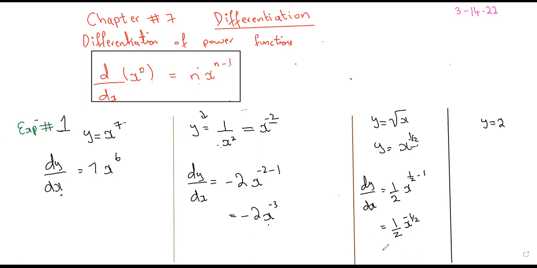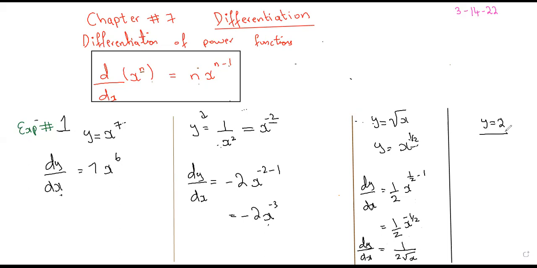This would be the answer, but you can rewrite it as dy by dx equals 1 by 2 under the root x, because if under the root x is in the denominator, that would be with negative power. Very good, Haris.